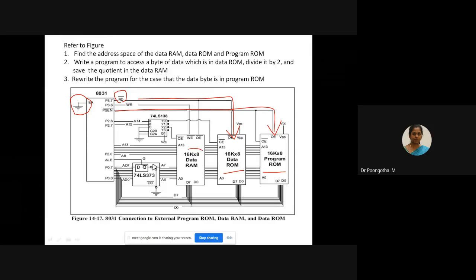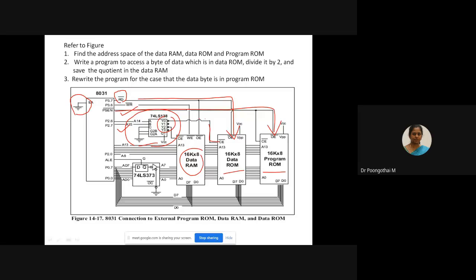Coming to the data ROM, the chip select is generated by using this 74LS138 decoder. I have explained it already. Here two select lines are used, that is A14 and A15. C is grounded, everything is grounded. C, G2B, G2A, all are grounded. And here we have four outputs, Y0 to Y3. Y0 is connected to the output enable of your data ROM, and Y2 is connected to the 16K x 8 data RAM.